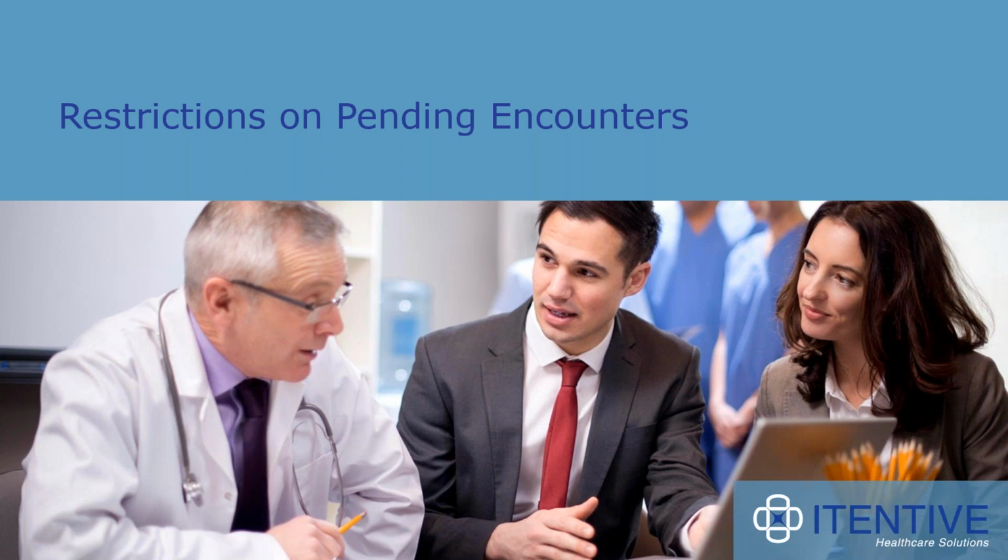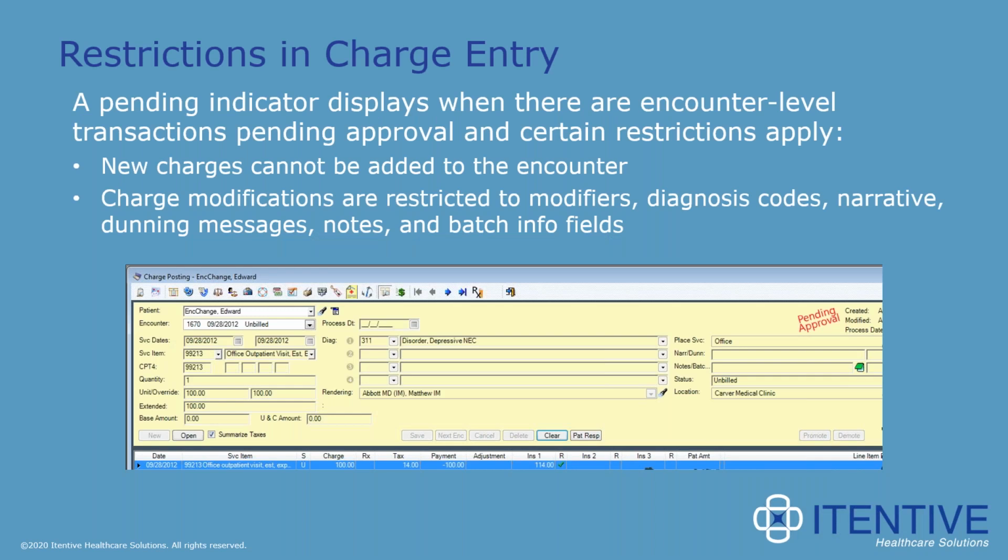To ensure financial integrity, when you've got transactions on hold, there are some system imposed restrictions. The first one is in charge entry. You'll see the little red stamp telling you that there's a transaction that's pending approval.